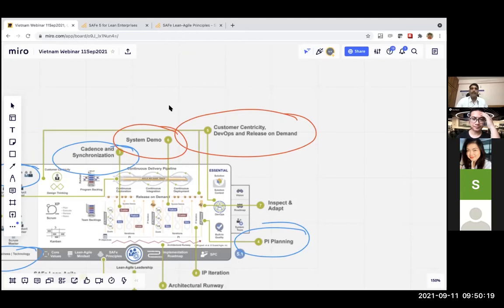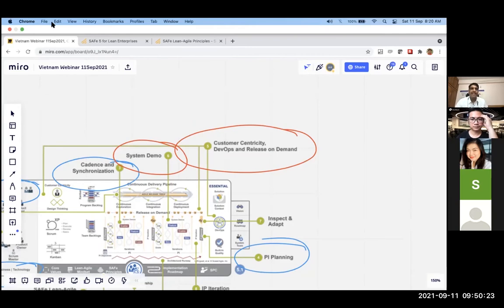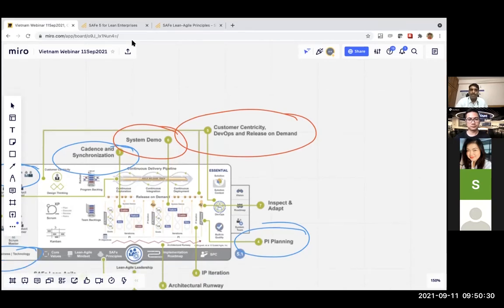Yeah. And again, in SAFe, it is a technical decision that we do that: okay, I'm ready with this one, I'm going to show you, right? But what goes into the market is always release on demand, where the business says, okay, you have shown me 10 features, but as of now, it looks like 5 features are good enough for the market. I'm going to push 5 features, right?